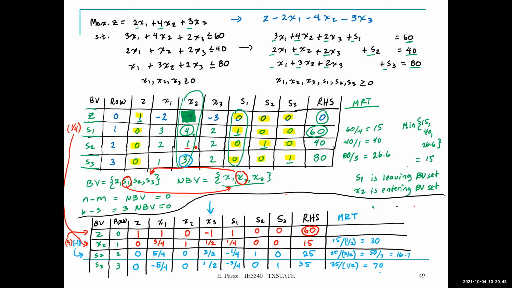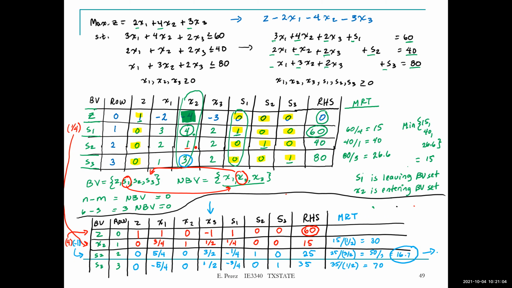So I'm gonna stop this exercise because you can work this on your own. We have to complete the lecture, running out of time. So the process is the same now. You know who's going to leave? S2. X3 is gonna enter.